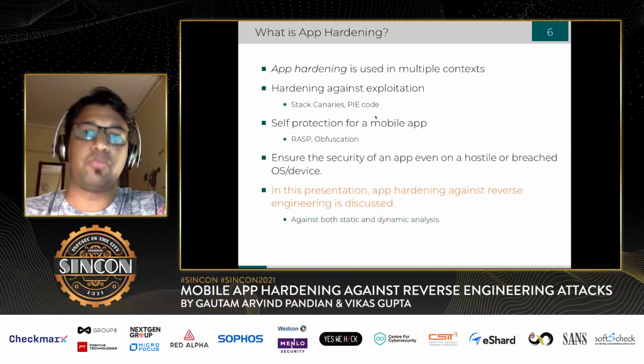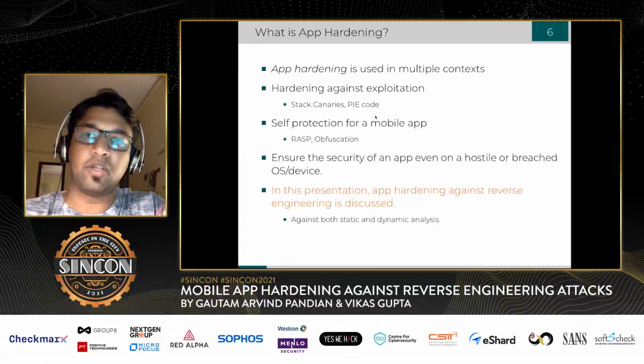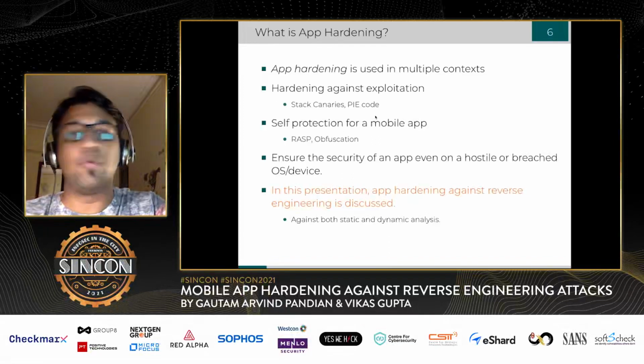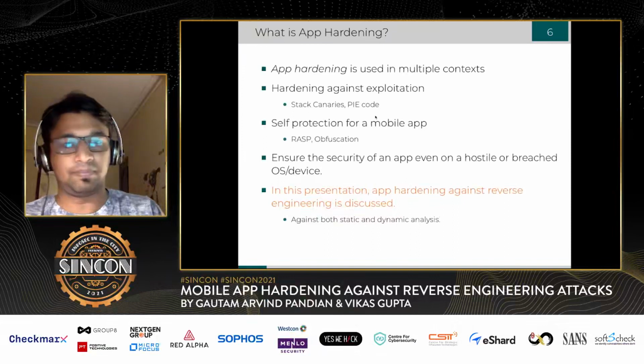Overall, for us today, the idea is that we need to ensure the security of an app even on a hostile device or a breached device. So in this presentation, we'll be concentrating on app hardening against reverse engineering only, and we won't be covering the other various uses of hardening. We'll try to cover both the static and the dynamic analysis part of app hardening.